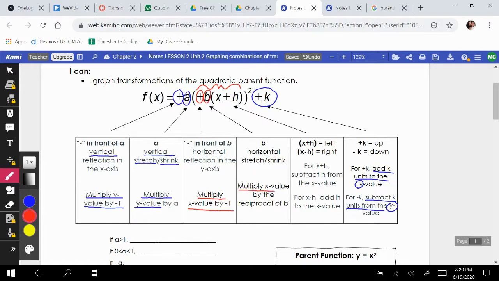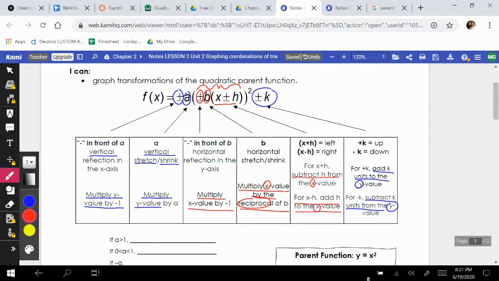For that, we're going to multiply, again, it's the x value that changes, by the reciprocal of b. Don't forget, horizontal stuff's weird. You got to use the reciprocal there. X plus or minus h, that's going to be your horizontal translation left or right. You're either going to subtract h from the x value if you're moving it to the left, or you're going to add h to the x value if you're moving the graph to the right.